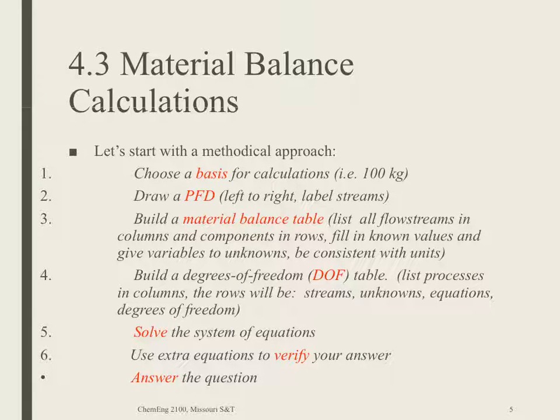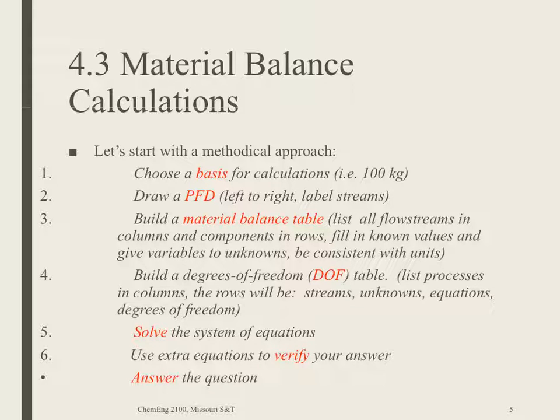So we want to have a system for doing material balance calculations. We're going to start with a very methodical approach. We're going to first choose a basis for calculations. Now, you'll slowly learn better what this really means, but we always want to have a size for our system, which means that the size may be given to us in the problem statement, in which case use that.